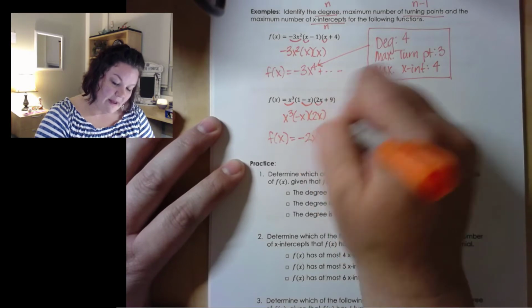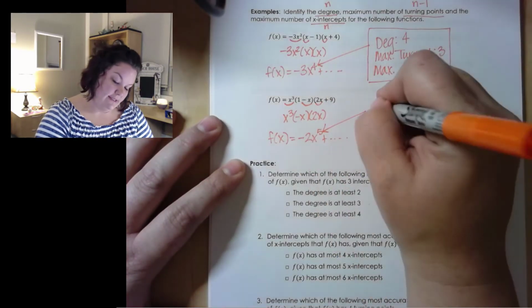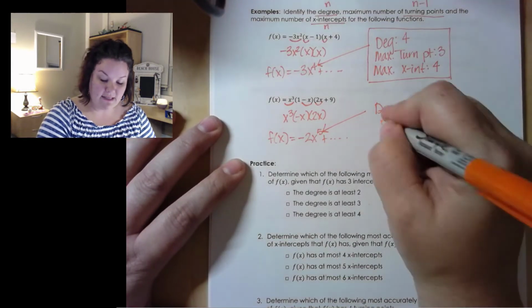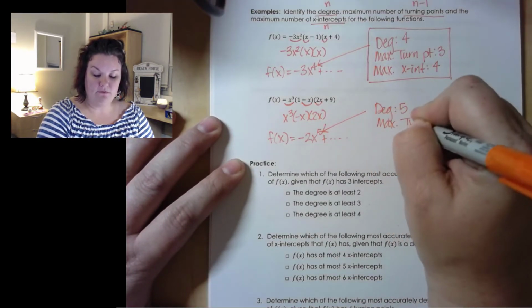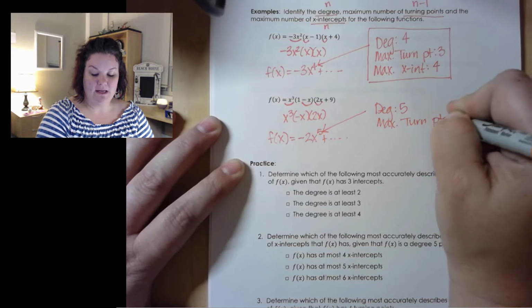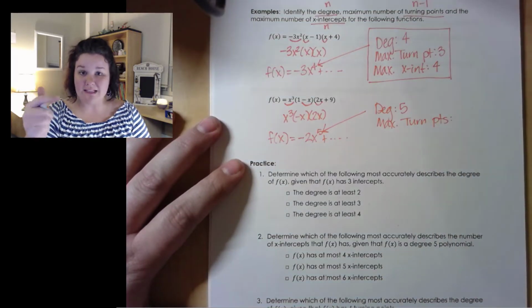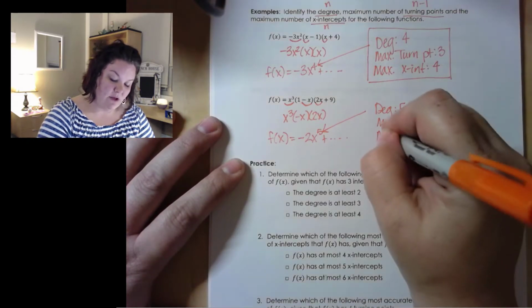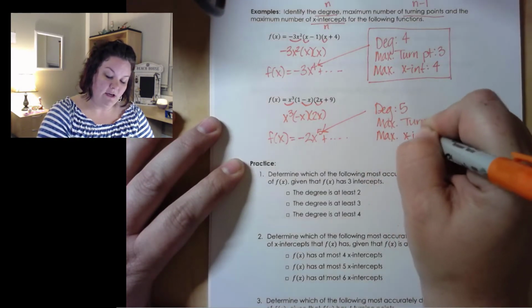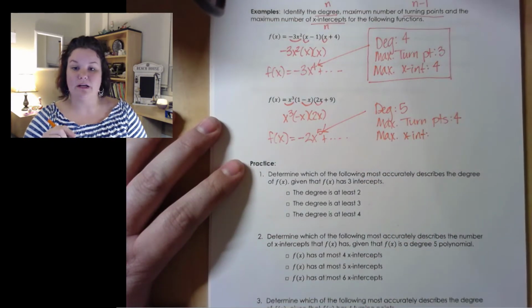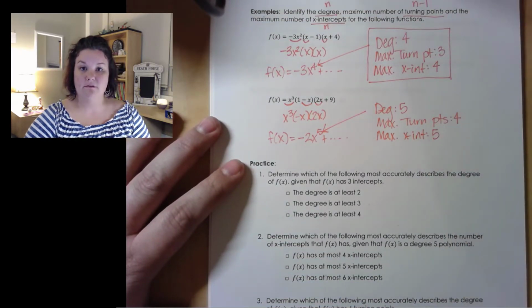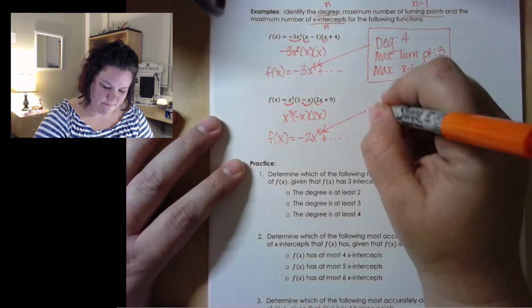So now that we see the power of x, we can state that the degree is going to be 5, which means that the maximum number of turning points we can have for this function has to be one less than that, so 4. And our maximum number of x-intercepts is equal to our degree, so the maximum number of x-intercepts we can have on this one is 5. Okay?